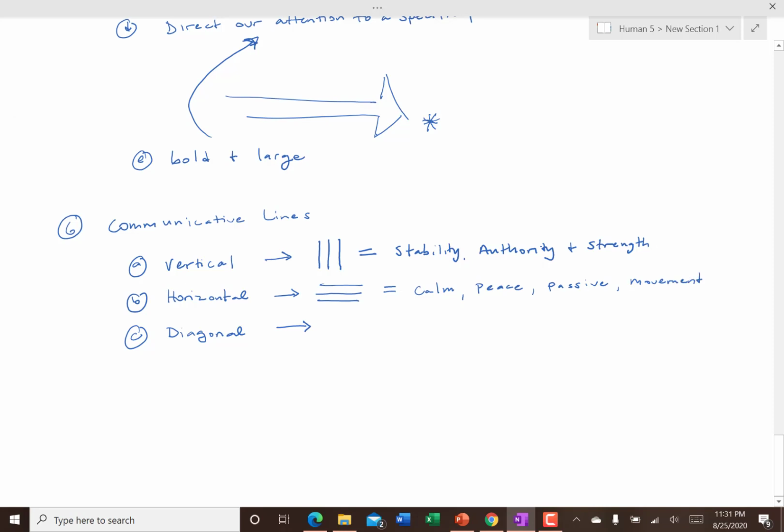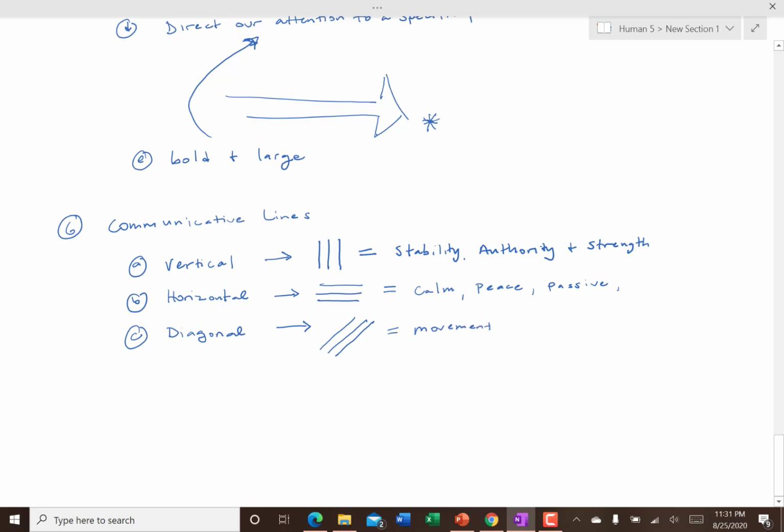And then diagonal lines, right? All of these can have movement, but let's take off movement for a minute because we're going to look at how all three have movement. Diagonal lines even more than horizontal and vertical suggest movement in a way as well.